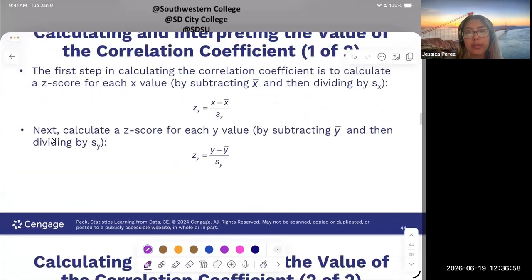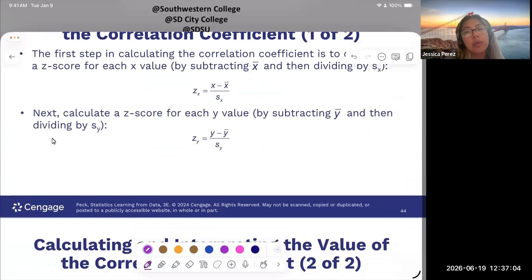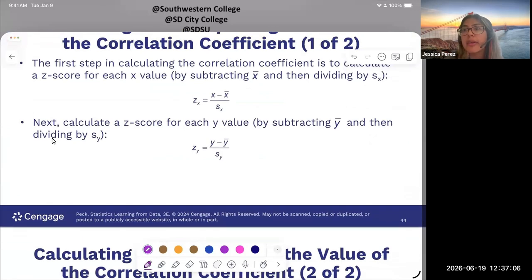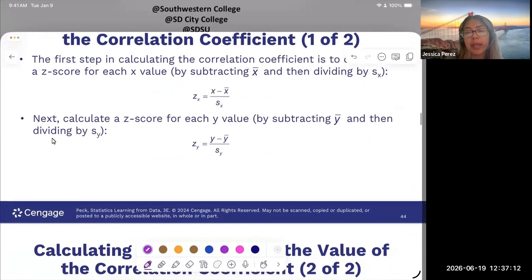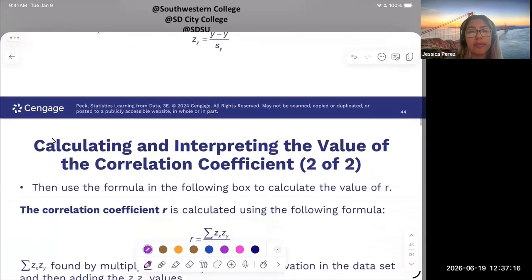Here are the formulas: x minus x bar over s of x, y minus y bar over s of y. So we first find the mean of x and the mean of y, and then take each x value, subtract the mean, and divide by the sample standard deviation of x, and likewise for y.